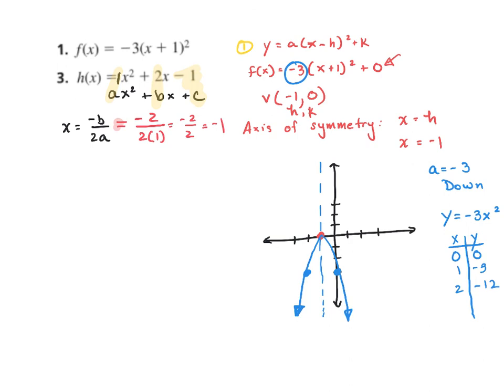Axis of symmetry. And you can even start graphing at this point. Here's negative 1. Axis of symmetry is at negative 1. Right there. I just don't know how high up or how low down the y value is of the vertex.